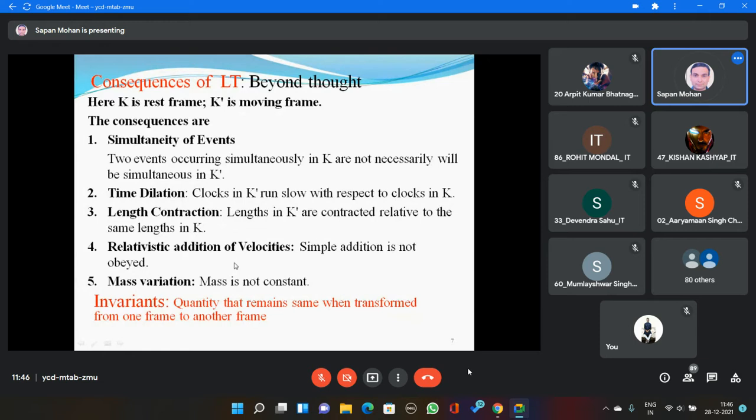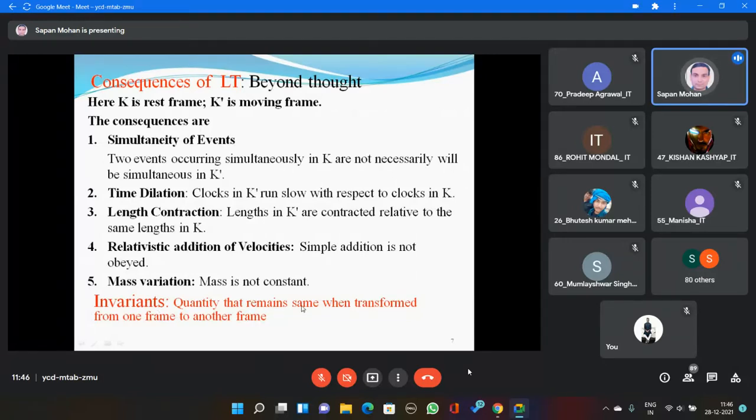You know this formula? So mass is not equal, m is not equal to m naught, but there is a factor, 1 upon root 1 minus v square by c square. That is called the mass variation. So these things we will describe here in our special theory of relativity.